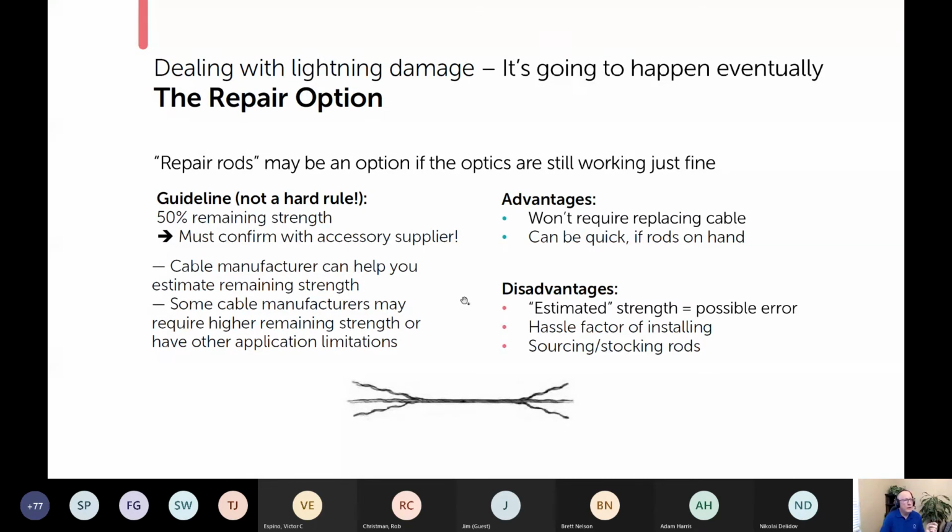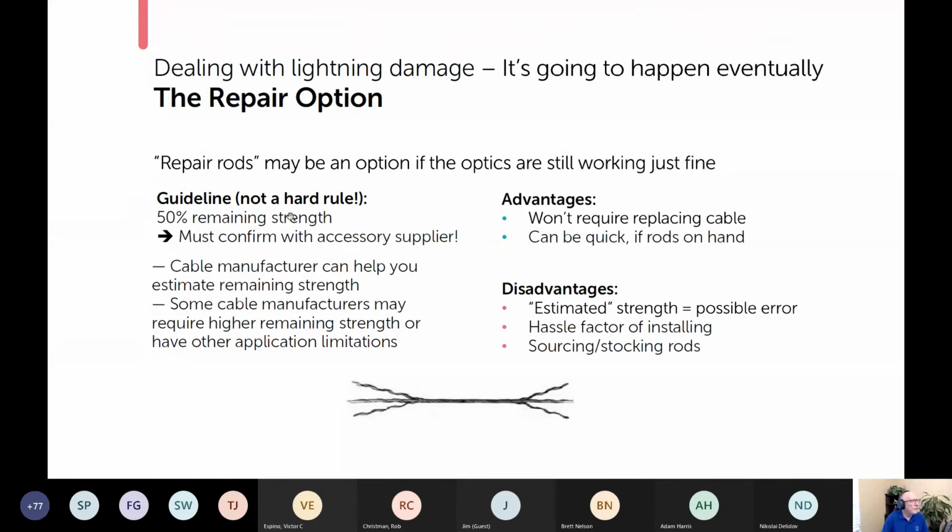So if you have an incident of damage, the first thing you should ask yourself is whether the optics are working fine. Likely, if your communication people didn't report anything wrong, they probably are, but you may need to go out and actually do an OTDR test to verify that the optics are fine. And if they are, then the repair rods might be an option.